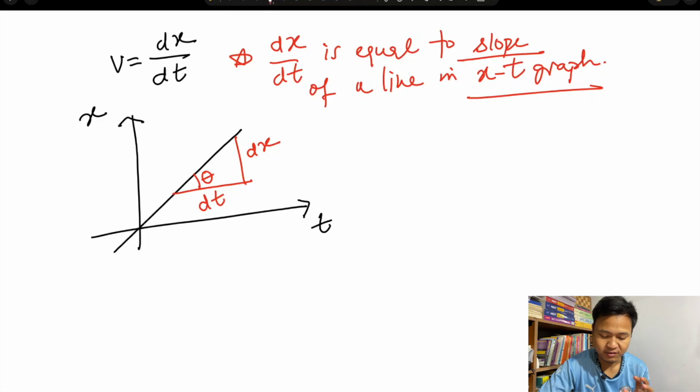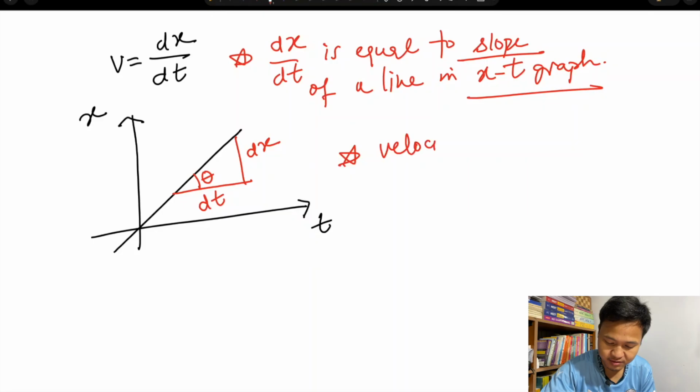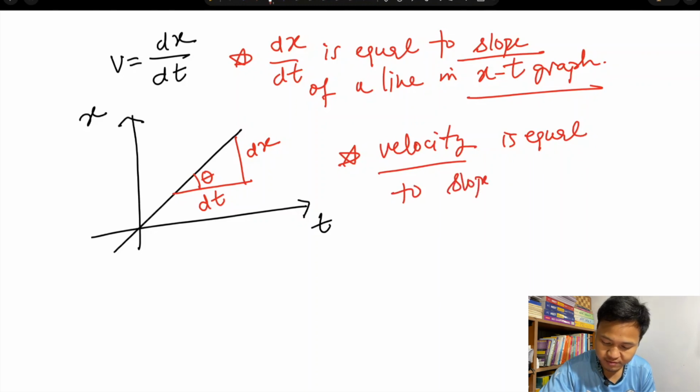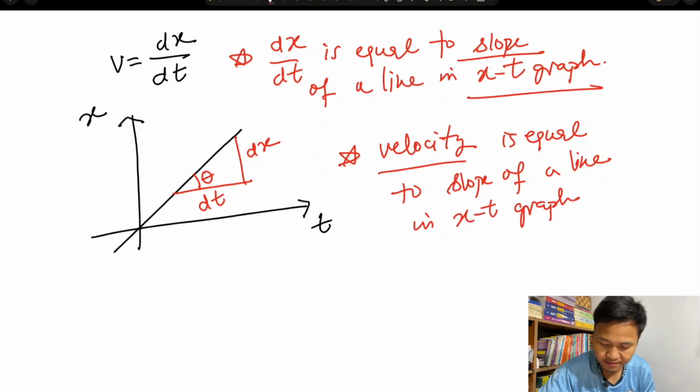So this means that velocity is equal to the slope of a line in an x versus t graph. You can also write it like that: velocity is equal to the slope of a line in an xt graph.